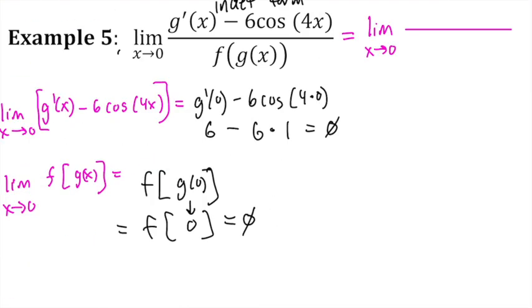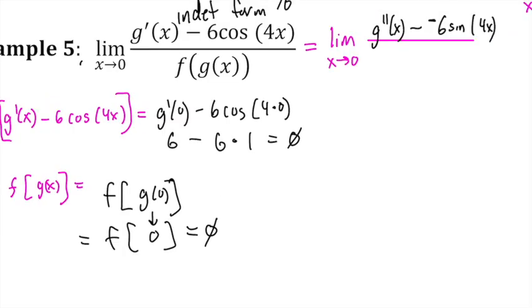So let's take the derivative of the top. The derivative of g prime is g double prime, minus the derivative of cosine, which is negative sine, and that negative will meet with that negative to turn it to positive. And then also we have a chain rule. The derivative of 4x is 4.